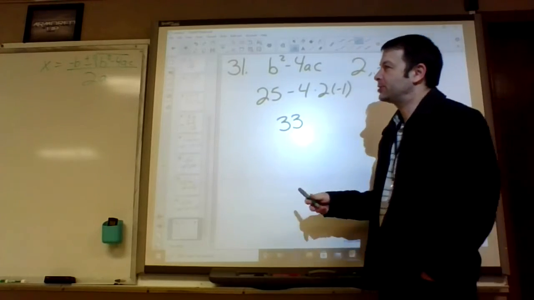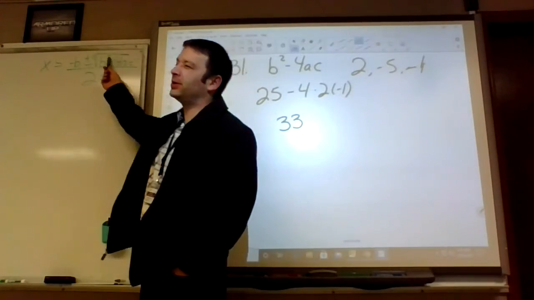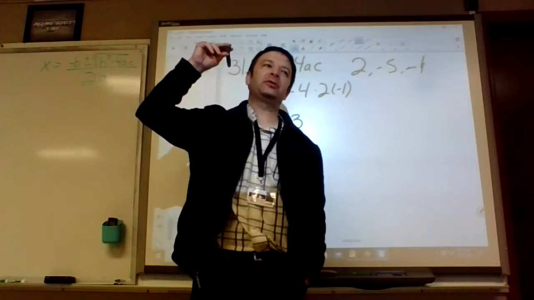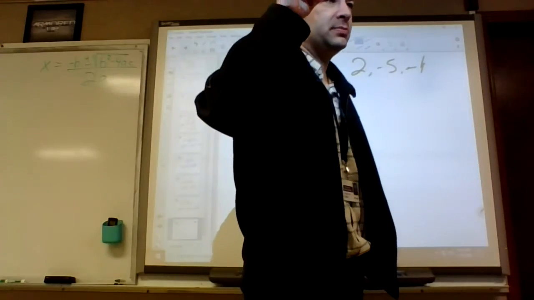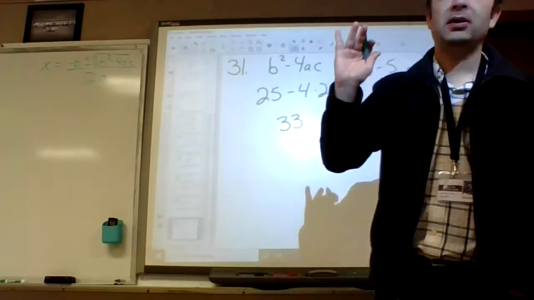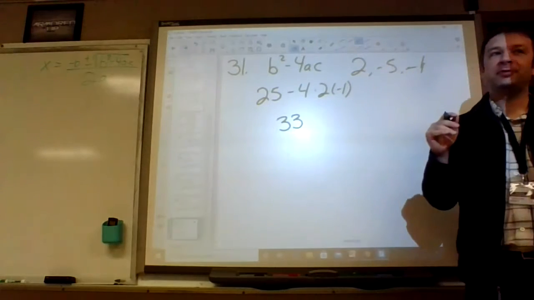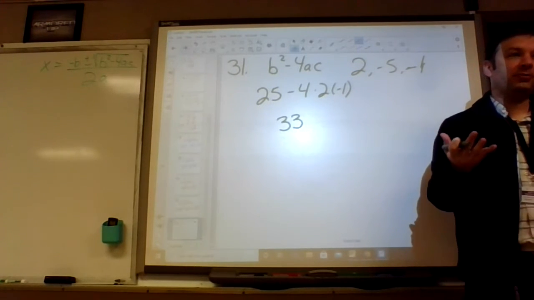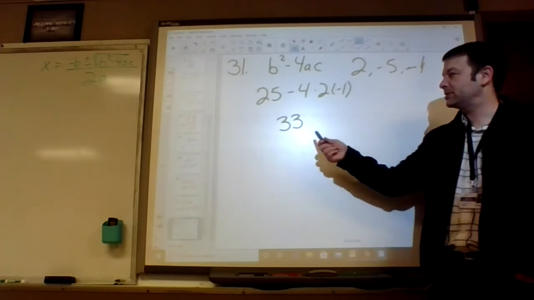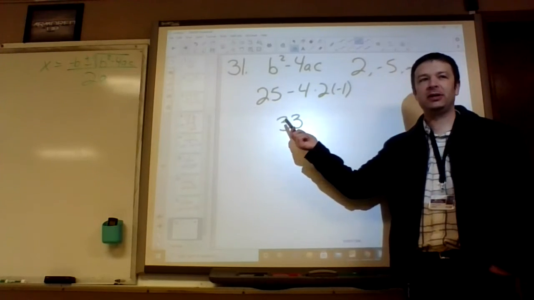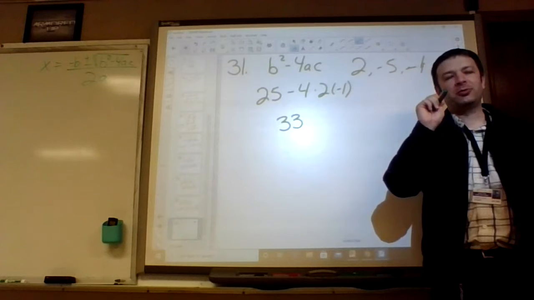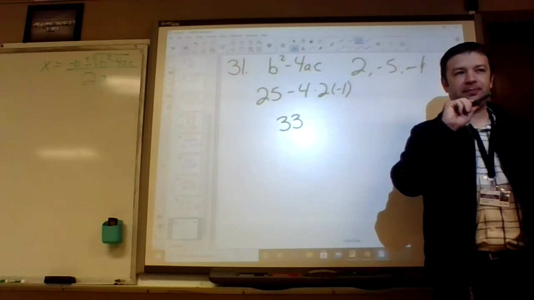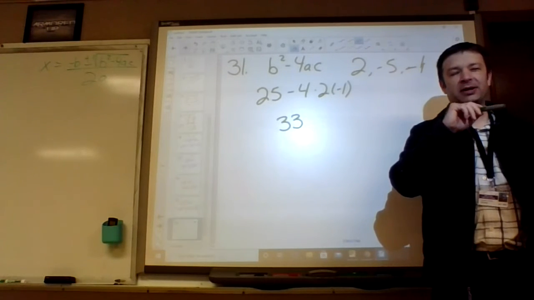Okay, if I took the square root of 33, what kind of answers am I going to get? It's a prime. Well, yeah, it's not going to simplify, right? So when I went through this, I said you're going to get 2 real answers because at least it's not negative, they're not imaginary. The way the book wrote it though was 2 irrational answers.